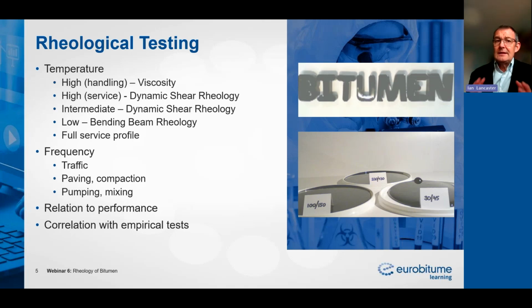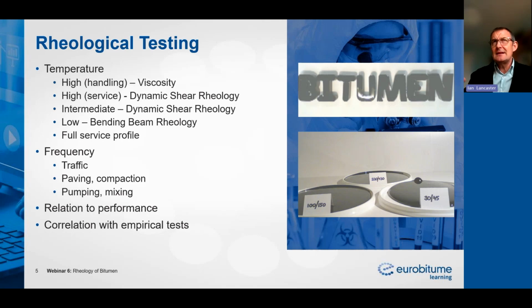But just there in that first section, that gives you a snapshot really of why rheological testing is so important for bituminous materials, because it allows us to gain a full service profile of the bitumen under almost every condition of either temperature and frequency that it will ever experience in its entire service life. And we don't get that from any of the empirical tests.